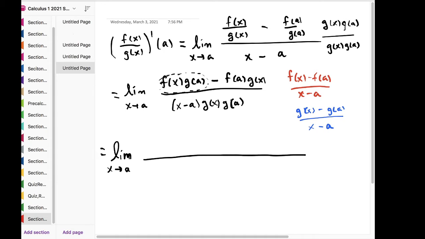And hint, by factoring. If I subtract a term, then I can factor something to give me an f of x minus f of a. So subtract, because it's f of x minus f of a.